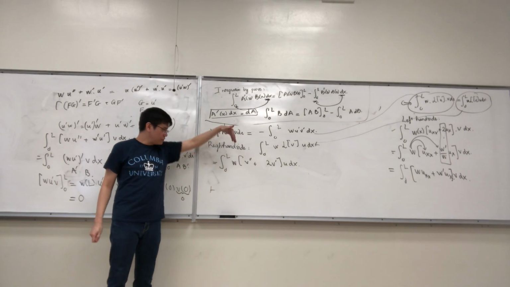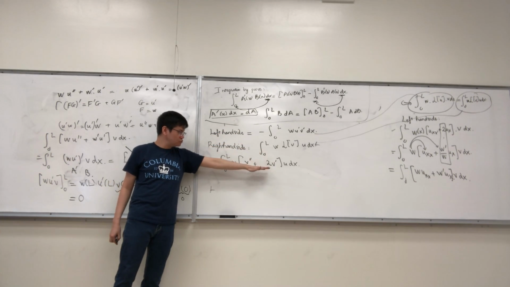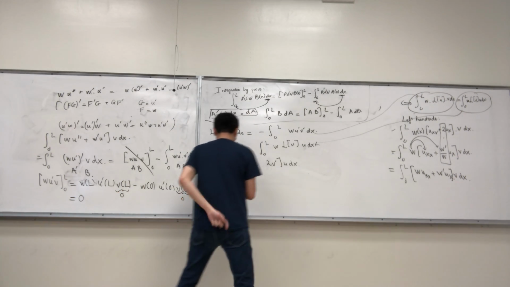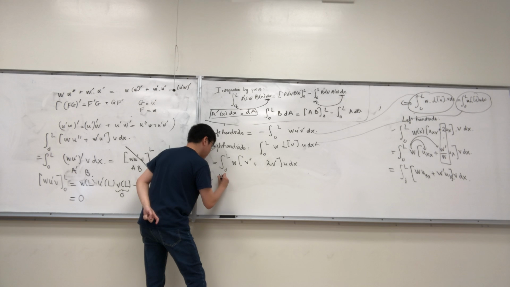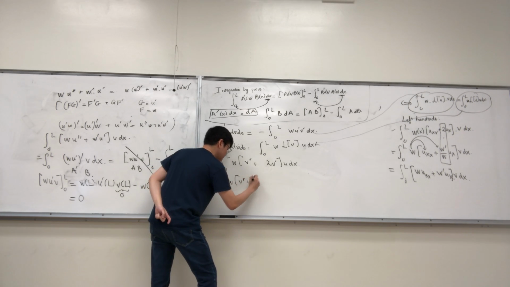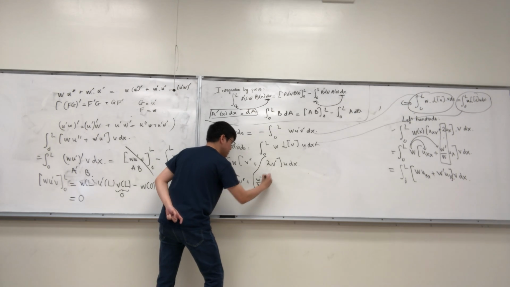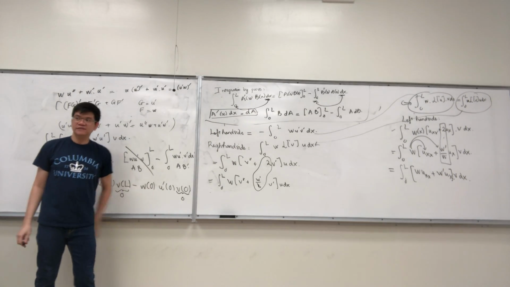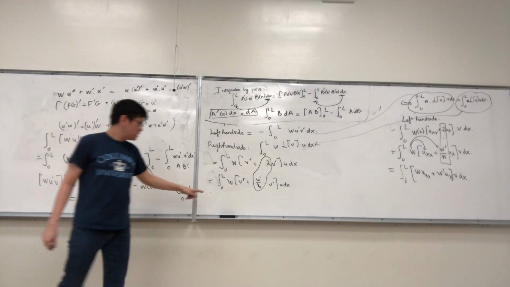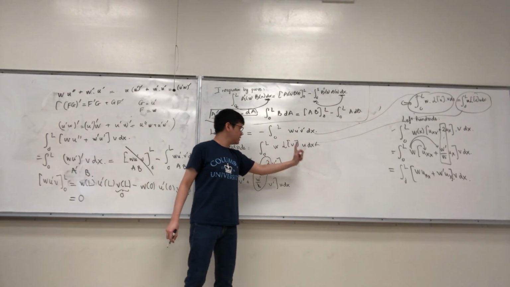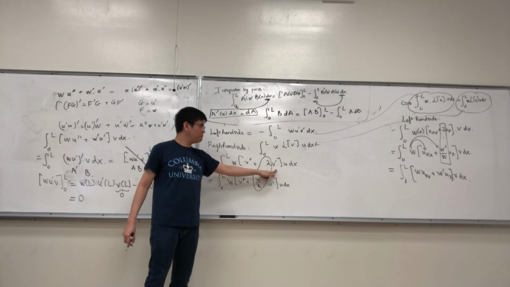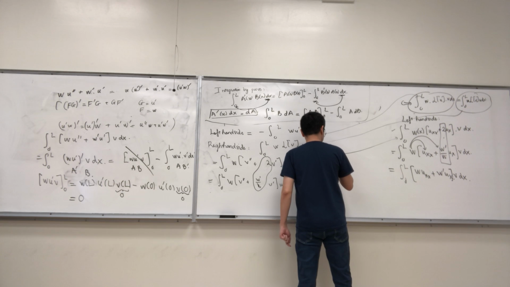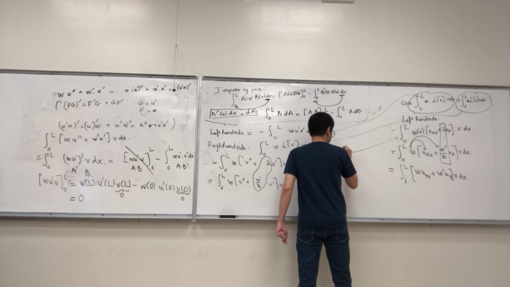So you do the same thing: W V second plus 2V prime U dx, and you replace 2 by W prime over W. This is exactly the same because U and V are symmetric. So for the right hand side I have W, L U, V, so it is like this one, but symmetric in U and V.